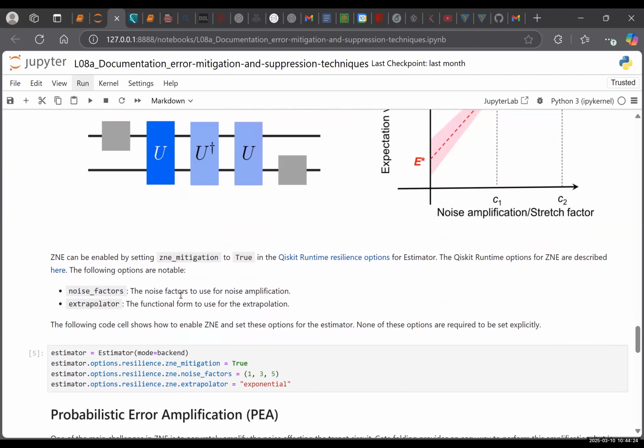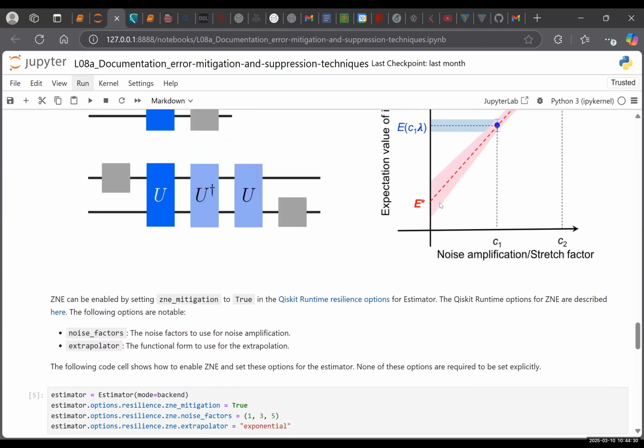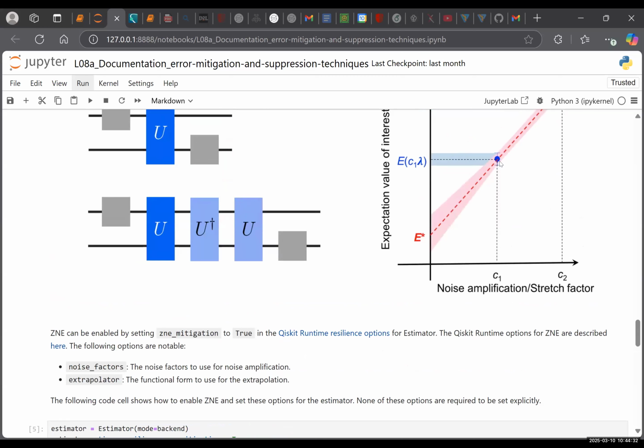Noise factor, extrapolator. So there's an important issue here: how do we extrapolate to zero? It depends on how you extrapolate, and it will affect your result. So you also have some choice here. Usually we do the exponential extrapolation because the larger the noise, the more it exponentially kills the coherence.